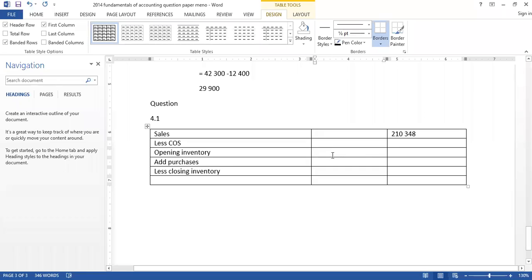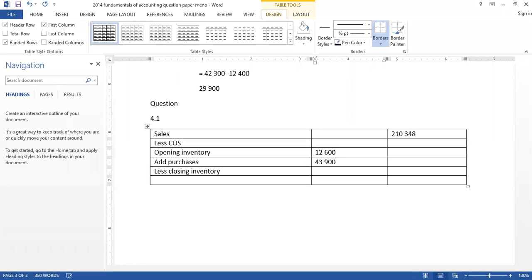Our opening inventory: we're told that bar inventories at the 1st of September was 12,600. Our purchases is 43,900.